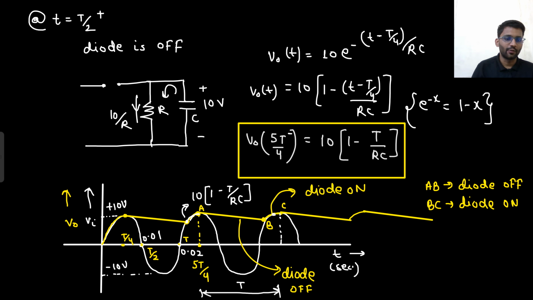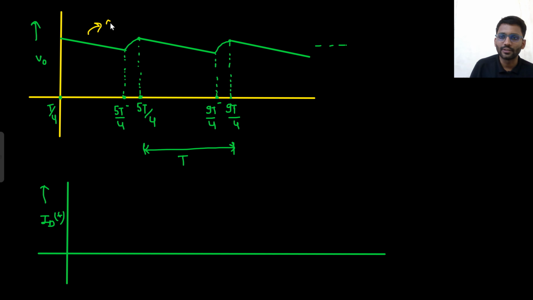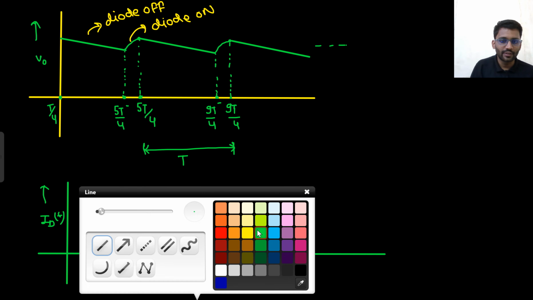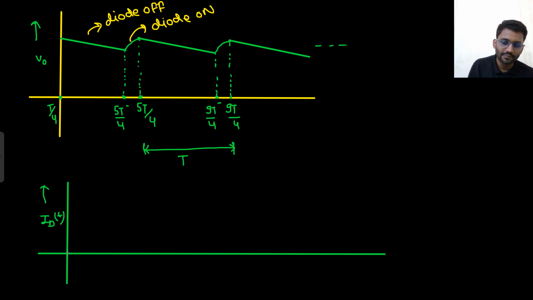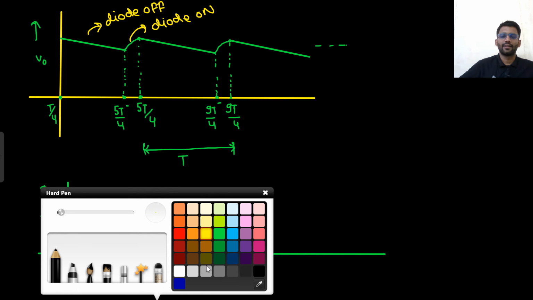And in this much of region, diode was on. If the diode is off, that means ID current is 0.